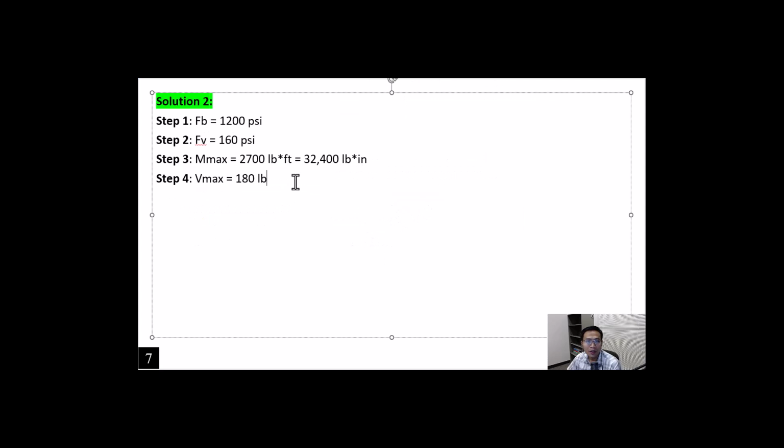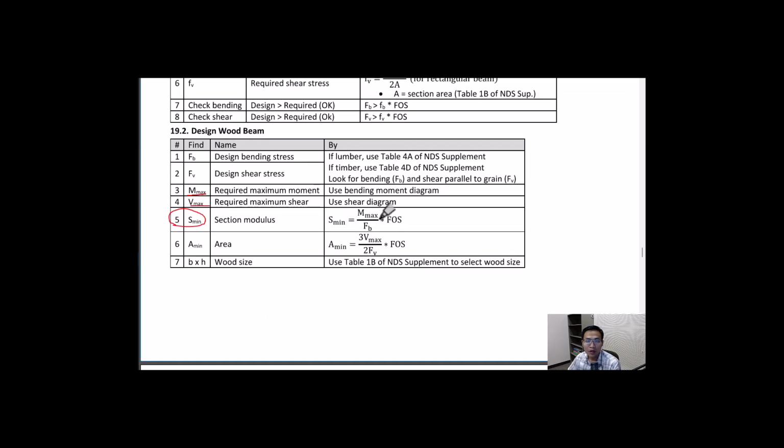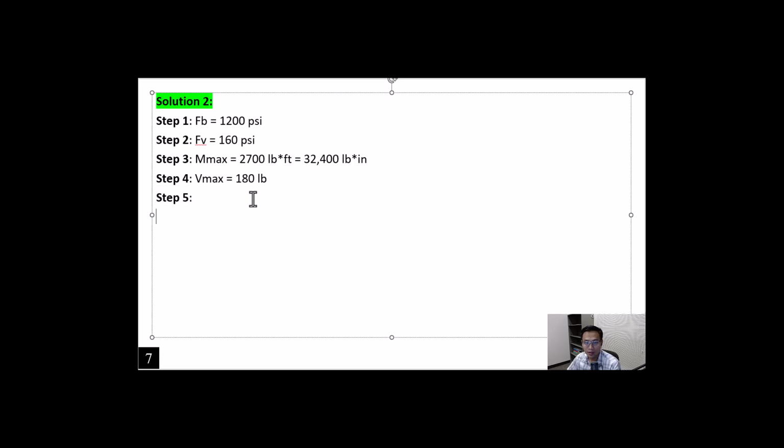So step 5: S min equals M max divided by FB multiplied by FOS.